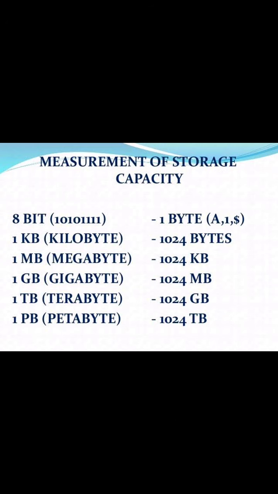A bit, 8 bits means 1 byte. 1 KB, kilobyte, means 1024 bytes. 1 MB, megabyte, means 1024 kilobytes. 1 GB, gigabyte, means 1024 megabytes. 1 TB, terabyte, means 1024 gigabytes. 1 PB, petabyte, means 1024 terabytes. Okay, this much measurement is used for storage capacity of devices.